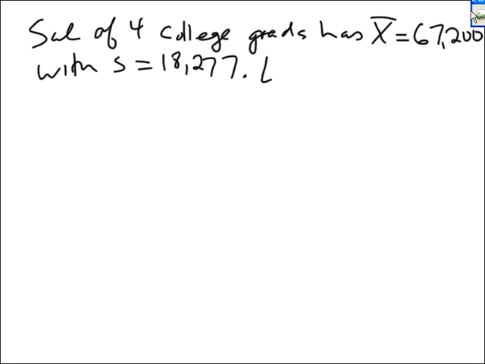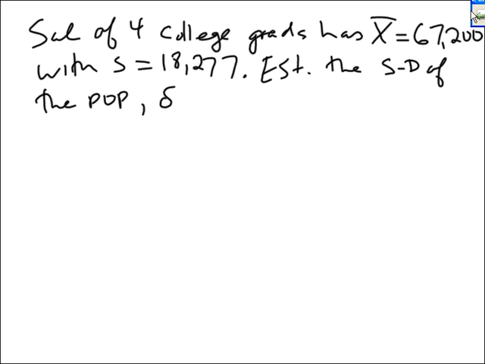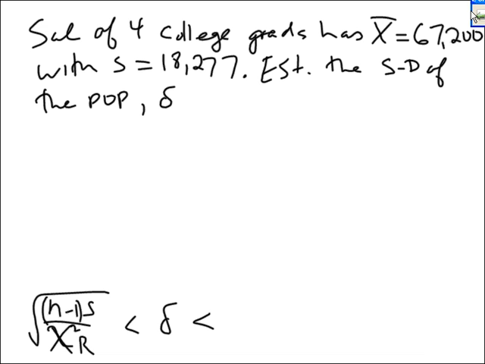Okay, let's write that down. Estimate the standard deviation of the entire population. That is sigma. So when it comes to that formula, the square root of n minus 1 times s divided by chi-squared sub r is less than the standard deviation, sigma, which is less than the square root of n minus 1 times s over chi-squared sub l.